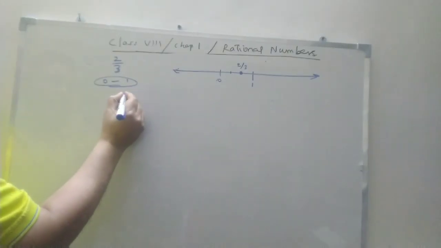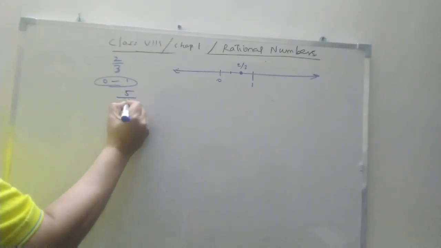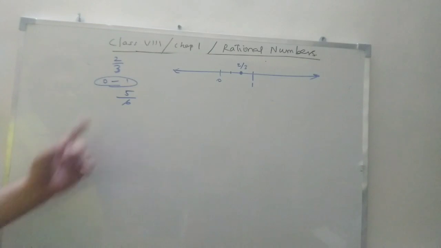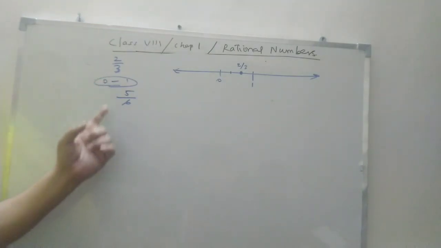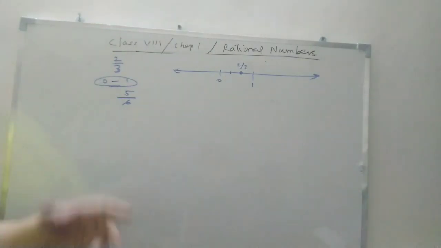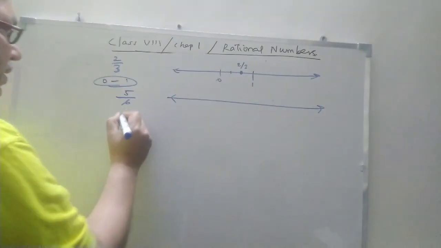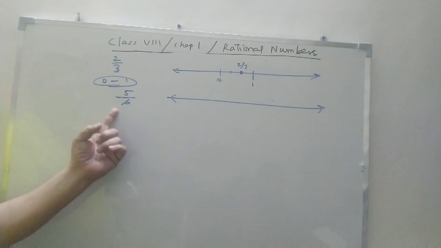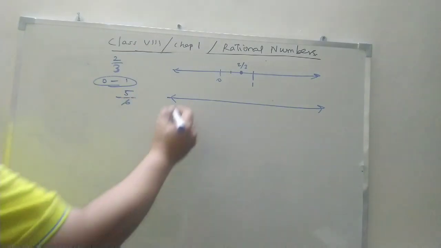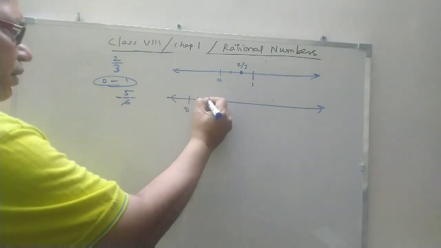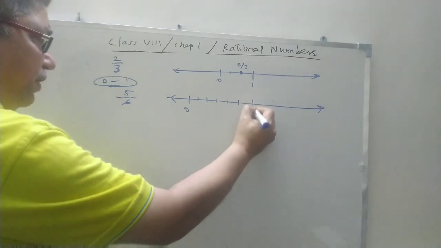Now suppose you want to do say 5 by 6. Again, this is lying between 0 and 1. In first cases, I'll take all between 0 and 1. So let me take like this. Now see the denominator. Denominator is 6. So I start with 0. 1, 2, 3, 4, 5, 6.